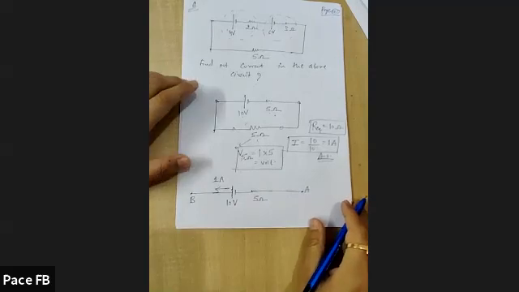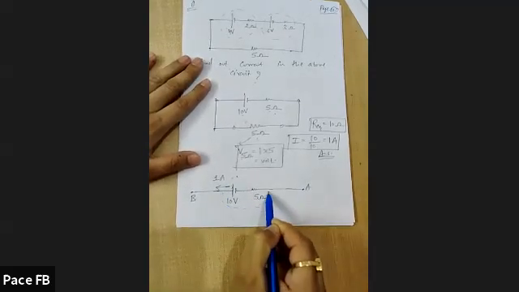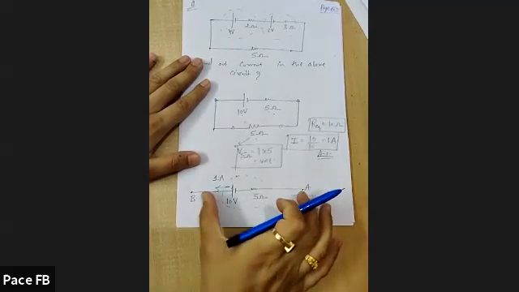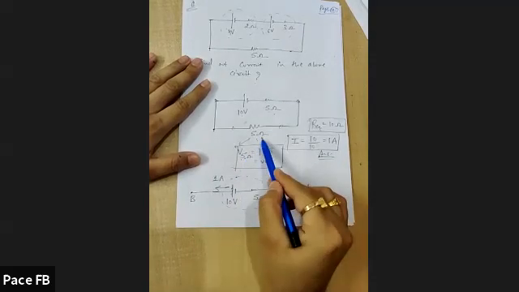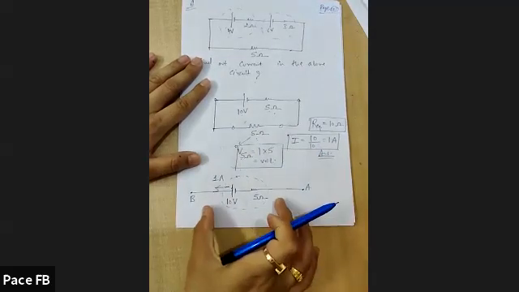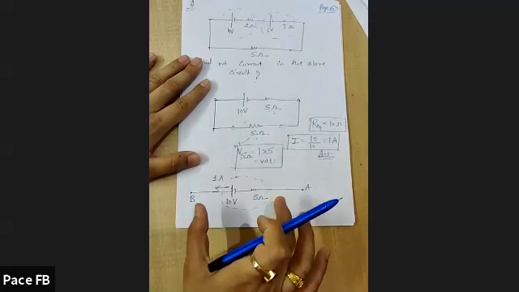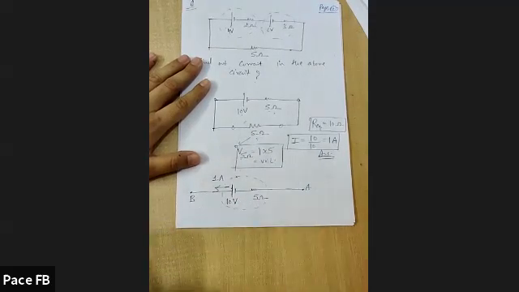Okay, listen to me carefully. This is the equivalent cell, and with this equivalent cell, an external resistor of 5 ohm is connected, and current in the circuit comes out to be 1 ampere. Now I'm solving only this equivalent cell.